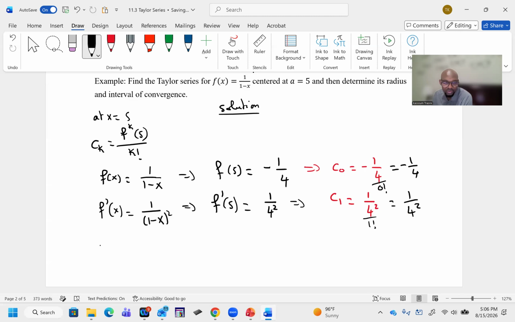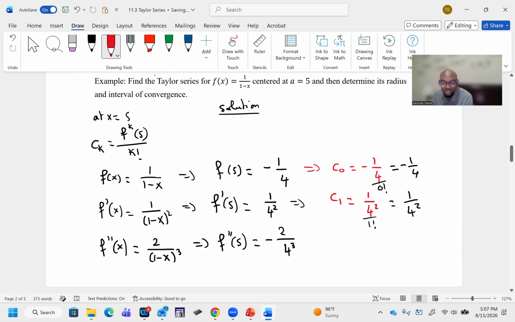So the second derivative of f of x will be 2 divided by (1 minus x) to the power of 3, which implies the second derivative of f of 5 will be negative 2 divided by 4 to the power of 3.